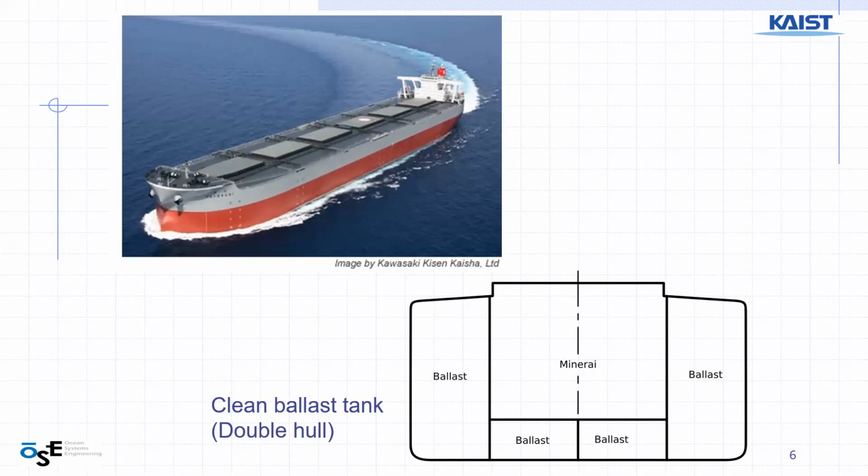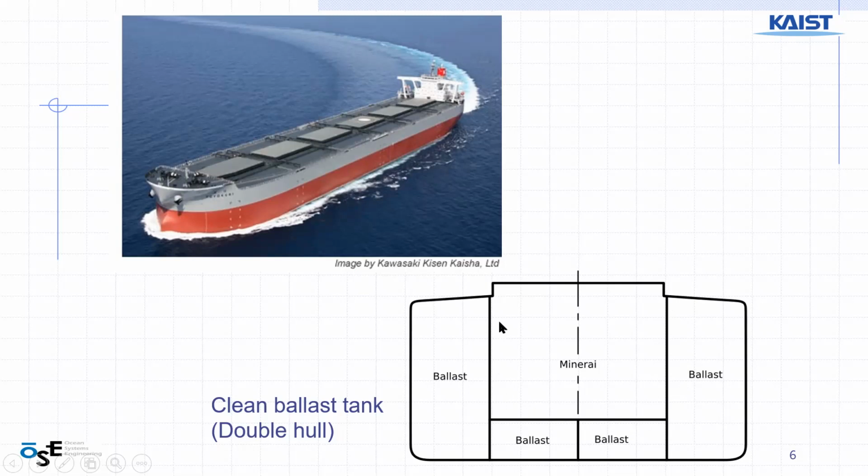So this is a Kawasaki Kisen Kaisha ship. It looks like a bulk carrier with a large hatch cover. And they are saying clean ballast tank and double hull. Double hull means outside there is one skin, and there is another internal skin, right?